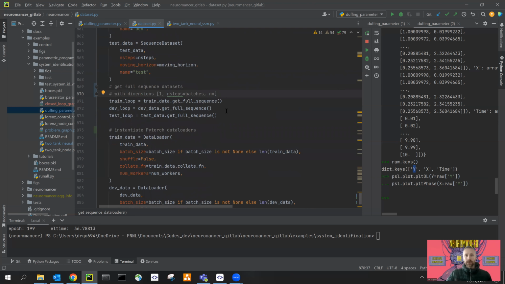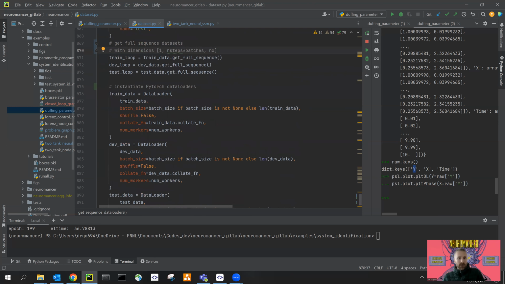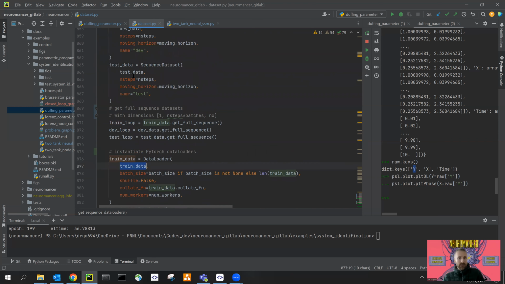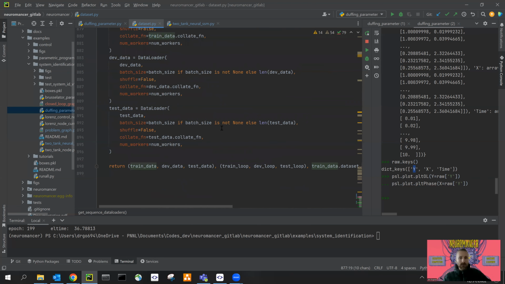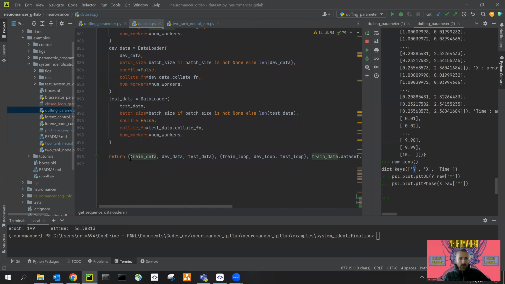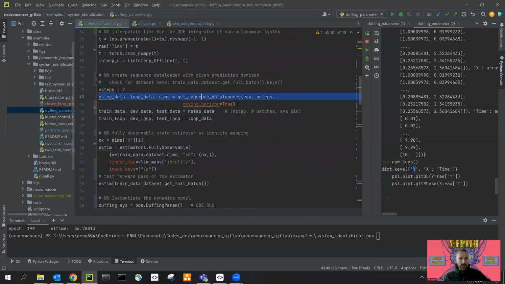That could be useful for plotting or for testing. And once we have these train data, dev data, and test data, we are going to instantiate PyTorch data loaders with specific arguments for mini batching and number of workers. And that's what we return in get sequence data loader.